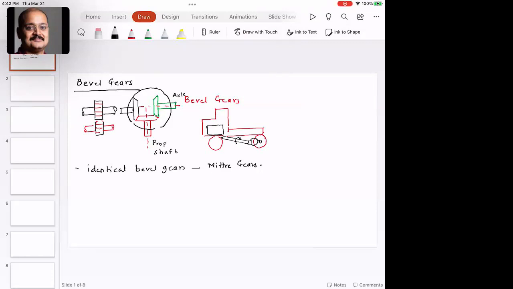Many times the axes would be intersecting. But please understand, even though the axes are intersecting, they are in the same plane. They are not offset. Some variations that you can see in bevel gears are, rather than cutting the gears straight, you could have gears which are cut sort of like a helical fashion. So you can see different variations in bevel gears, but the principle or the design steps are the same.